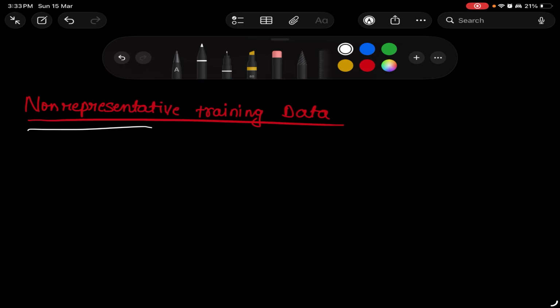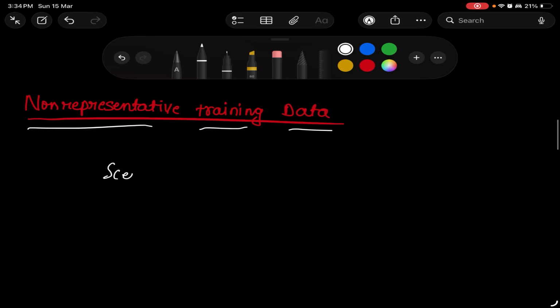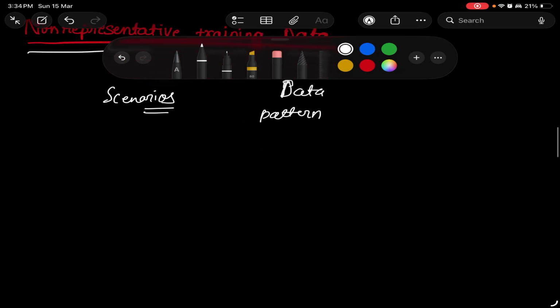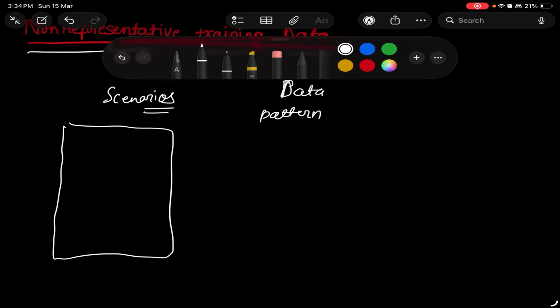Now if we are training a model, we need all the scenarios to be captured in the data to find patterns or have some performance measure. So we need a training set that is representative of all kinds of data.